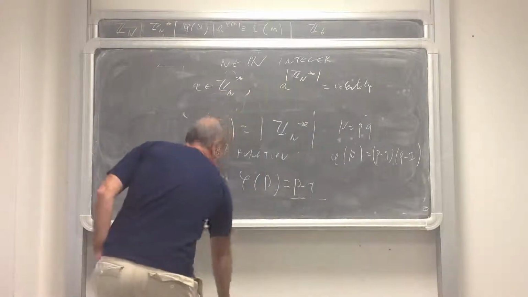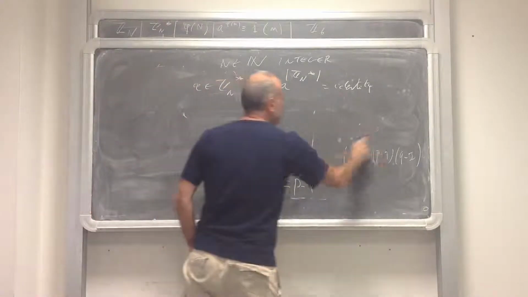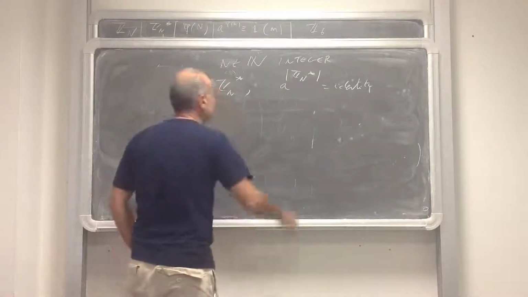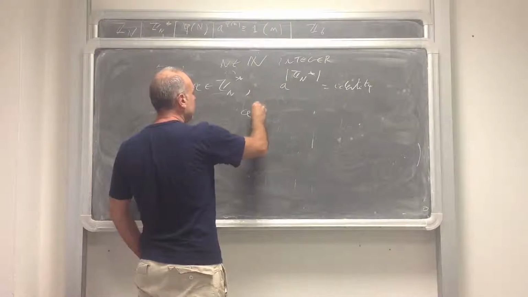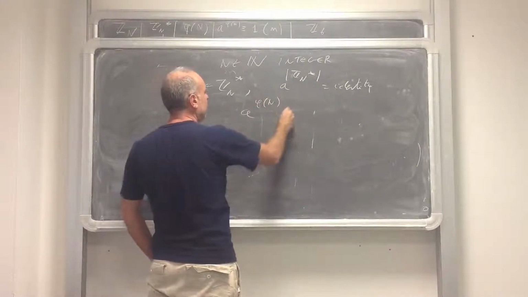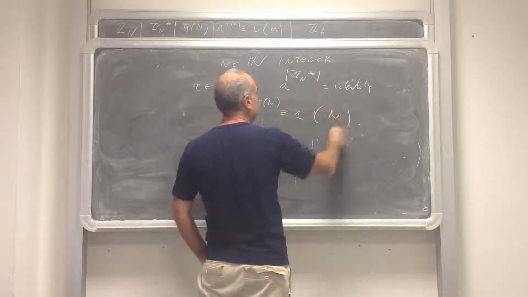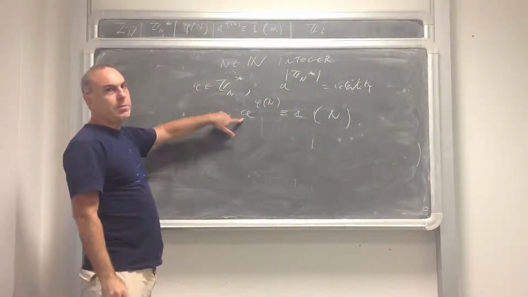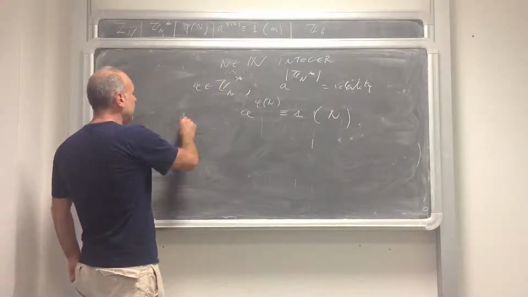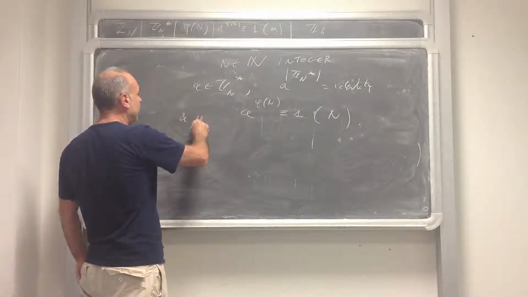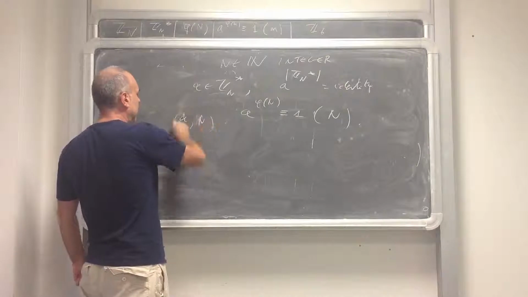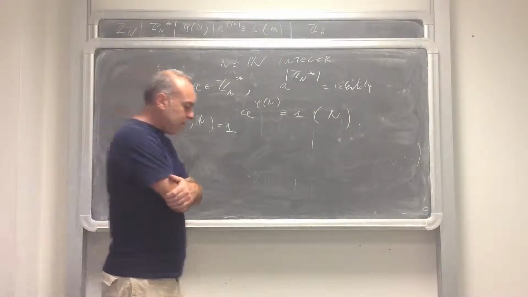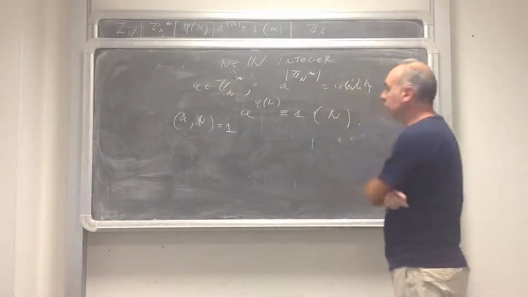So, writing in congruence notation, we get the following: A to the phi of n is congruent to 1 modulo n. And be careful that A must be in Zn star, so A must be coprime with n.